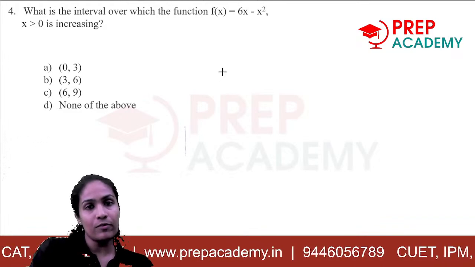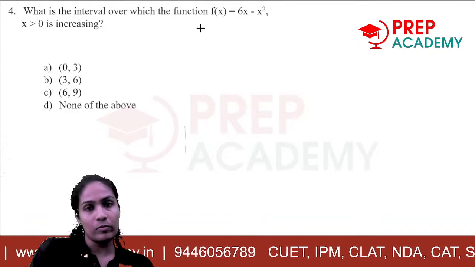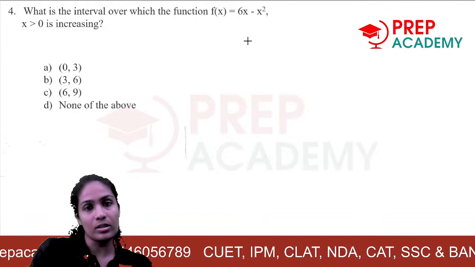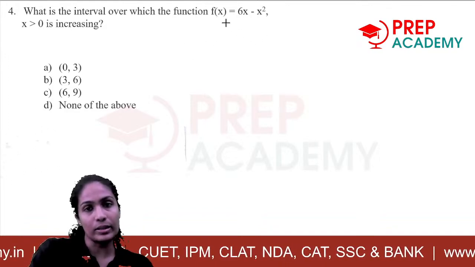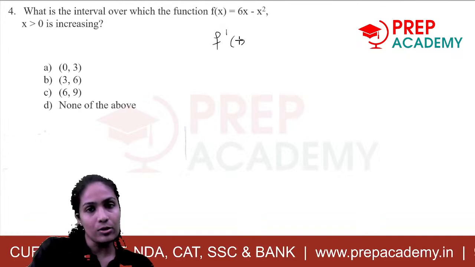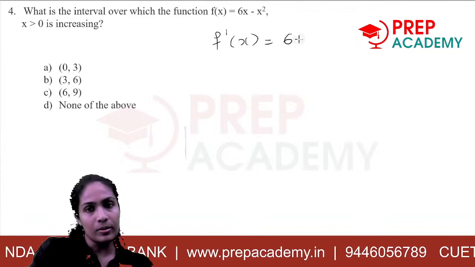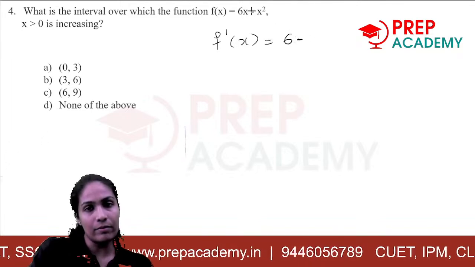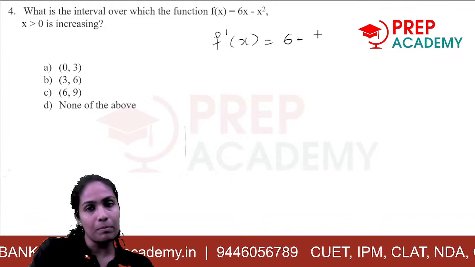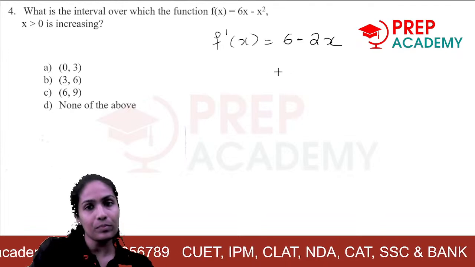Here the question is to find the interval over which the function is increasing. We know that to check whether the function is increasing or decreasing, we have to find the first derivative. So the first derivative is f dash of x equal to 6 minus 2x, the derivative of 6x being 6 and the derivative of x square being 2x.